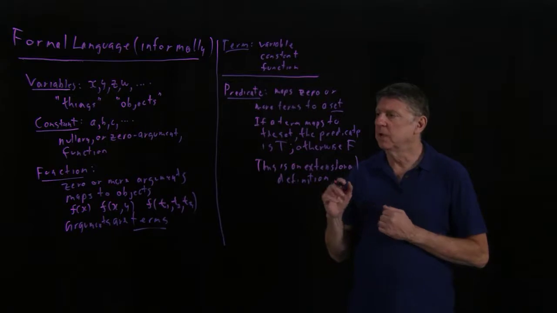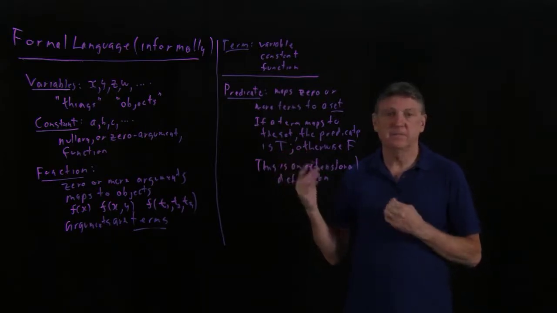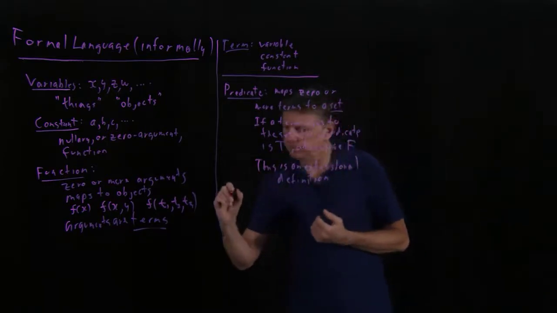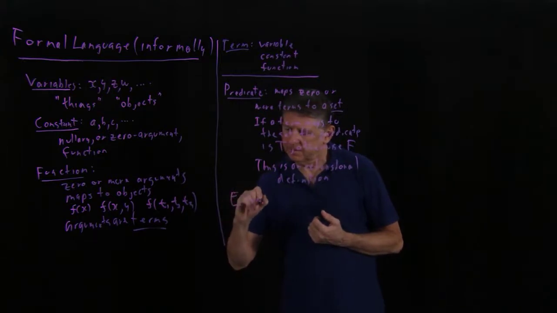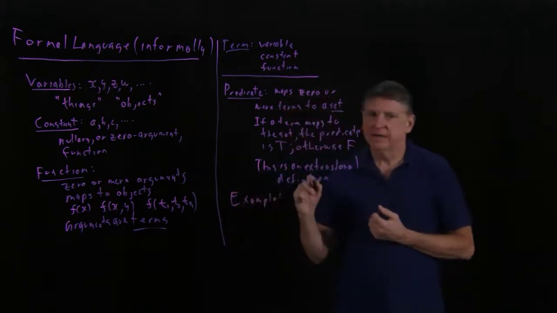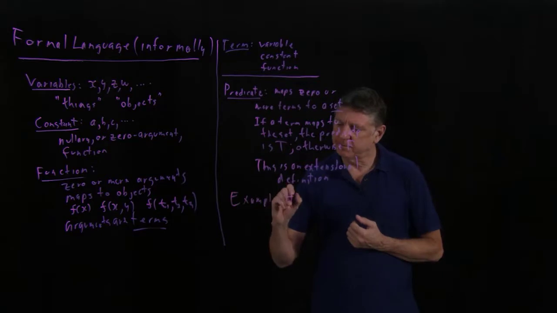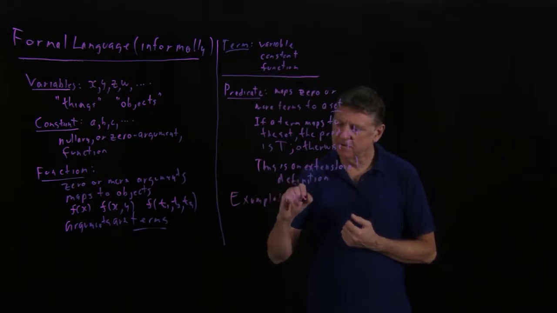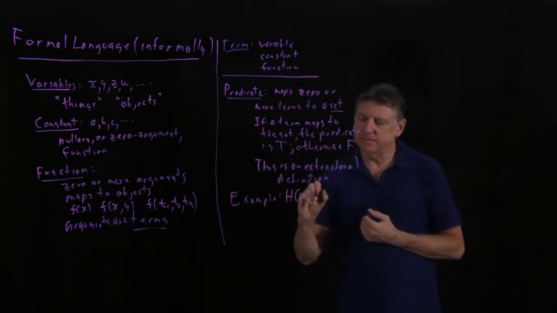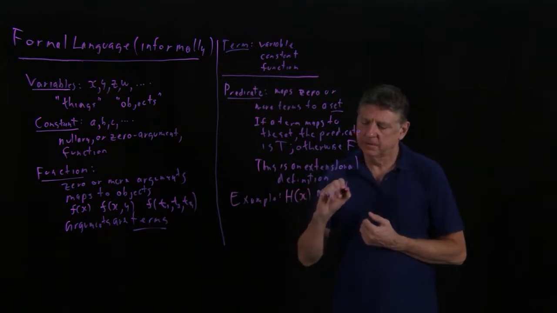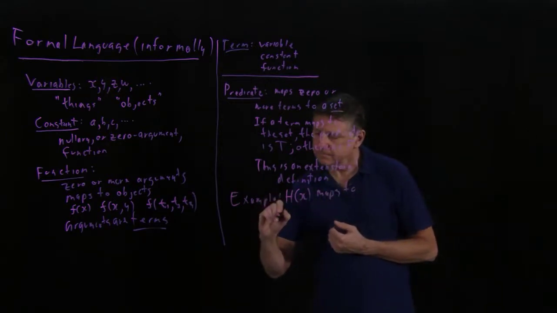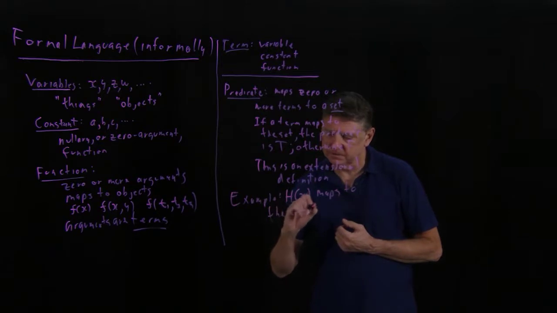So, for example, an example that we've already come across is, suppose we have a predicate H of an object, and this maps to the set of humans.